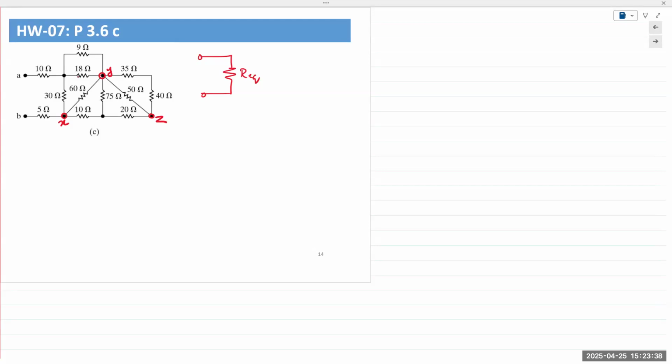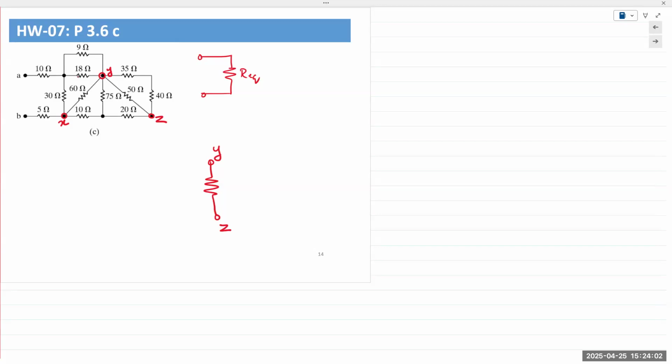So what I'm going to do is you draw out Y and Z, right? So you have one resistor right there, well, Y and Z, right? And then it helps if we have named all the other nodes also. So in this case, I didn't do that.